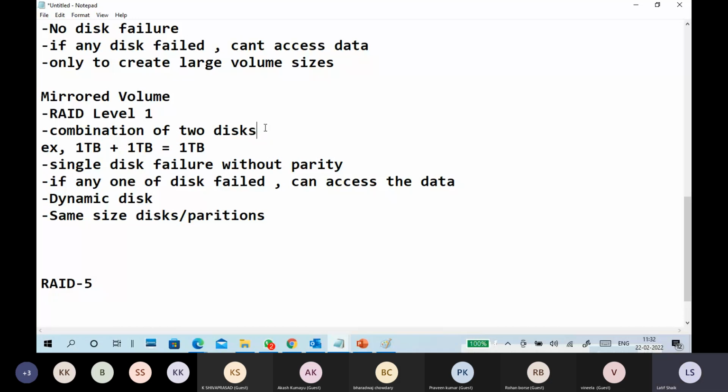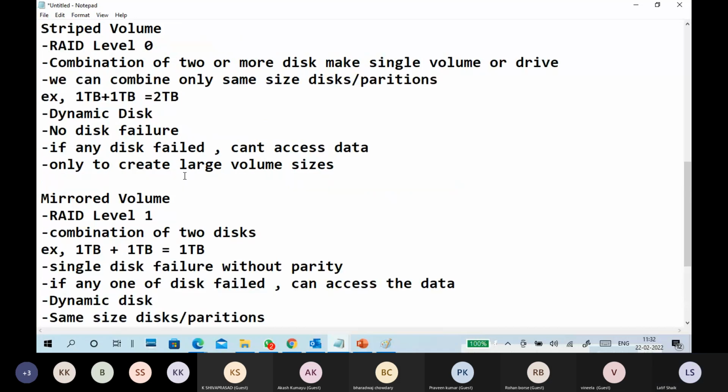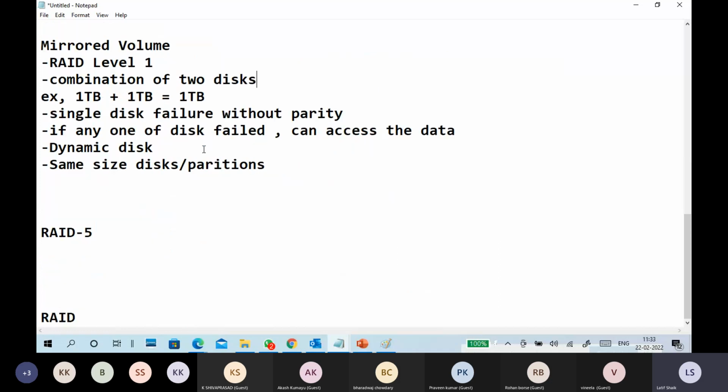Next, single disk failure: if one disk fails, we can still access the data. Next, striped volume, RAID level 0, a combination of 2 or more disks, and we can create a single large volume. No disk failure tolerance: if a disk fails, we can't access the data.